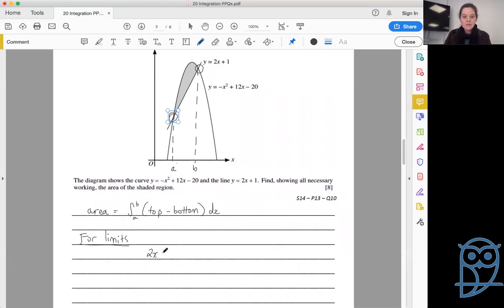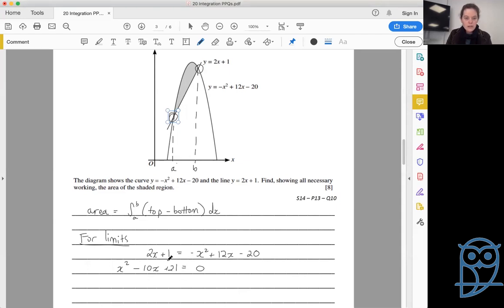So 2x plus 1 equals minus x squared plus 12x minus 20. That simultaneous solution is going to give us our two limits. So we bring them all to a happy x squared because he's nicer to deal with. x squared minus 10x plus 21 equals 0.